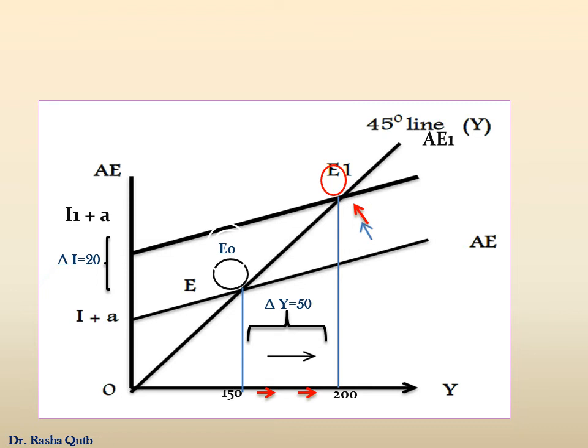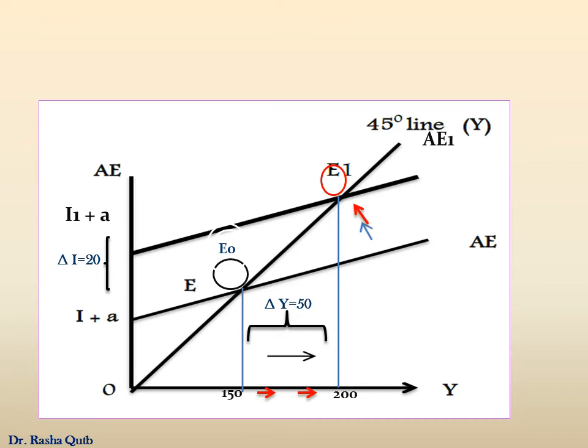Now I can calculate again from this graph the value of the multiplier, which equals the change in Y over the change in I. If we calculate it, we divide 50 over 20, which is equal to 2.5, and it is the same as the value of 1 over 1 minus b.